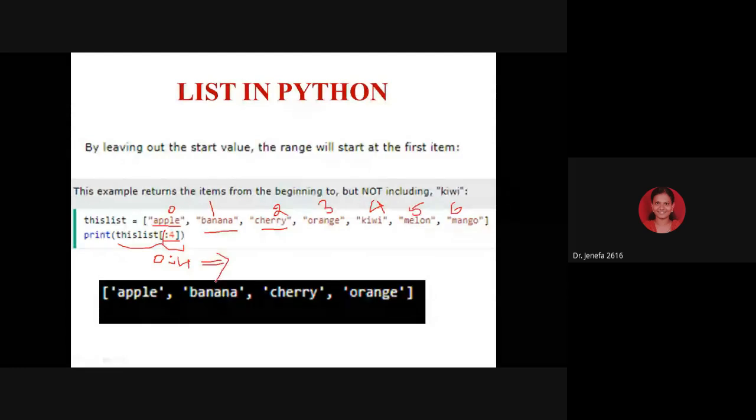So it will be printed from 0 to 3, that is apple, banana, cherry, and orange. So this is how range of indexes works in a list, and also in tuple, set, and dictionary.